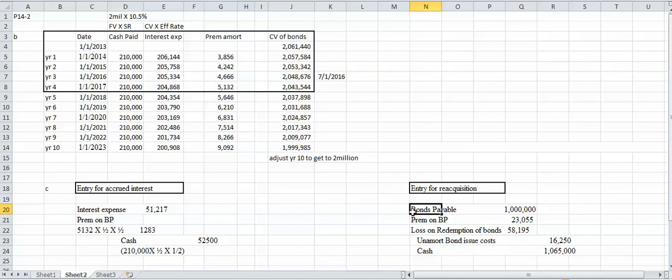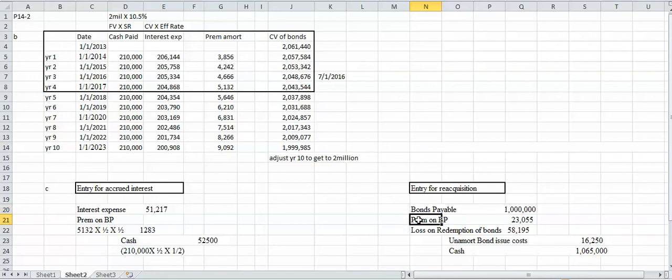So it's half of the bonds we're buying back. So $1 million off the books right there. Then these are my credits, so I'm going to move them over so you can see that. Then ignore the premium, let's look at the cash. The cash is given to us. We reacquired them at $1,065,000, so that's a given. We knew this one.